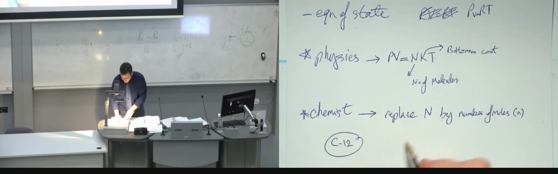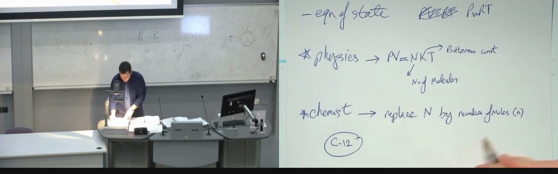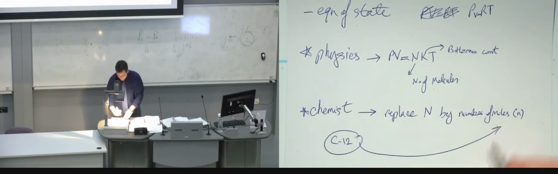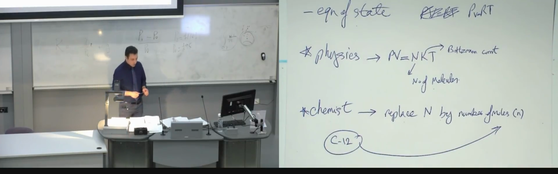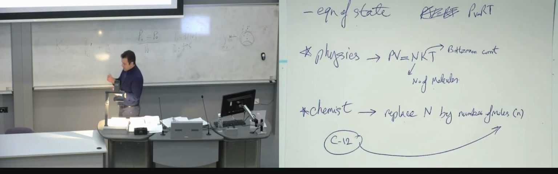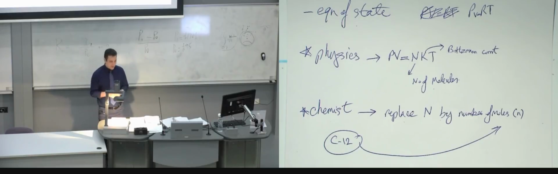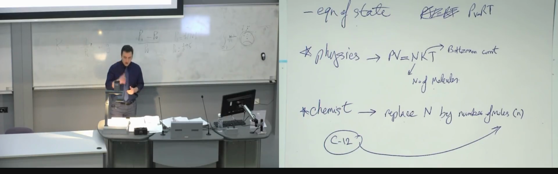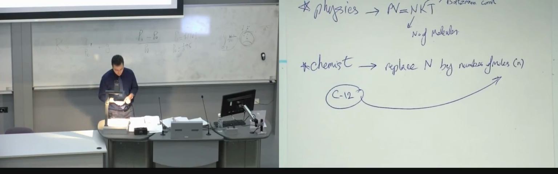In fact, this C12 or carbon-12 plays an important role in the definition of mole. So 1 mole of any gas is defined as the amount of that gas which has the same number of molecules as there is in 12 grams of carbon-12. That's just the definition of mole.